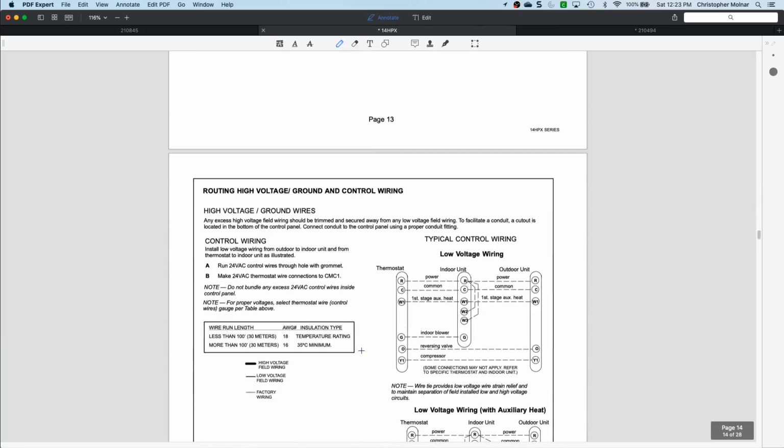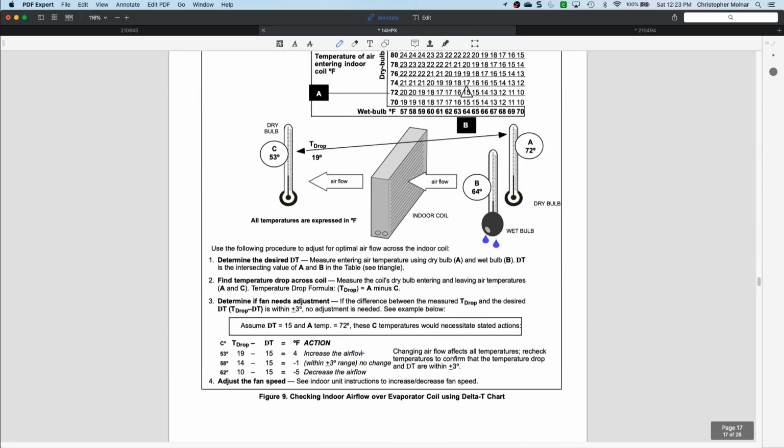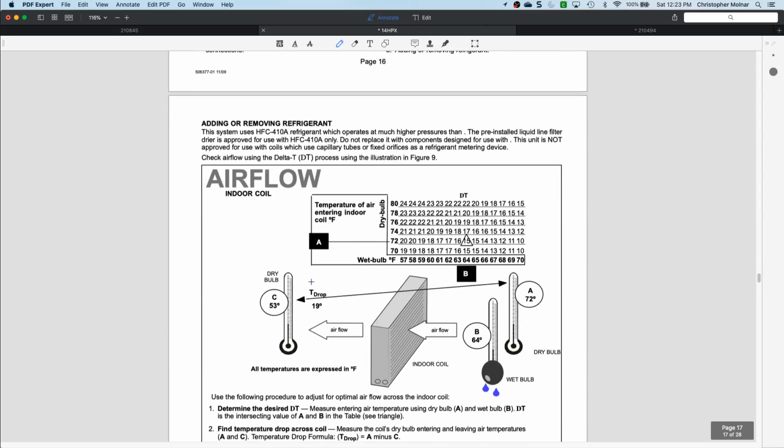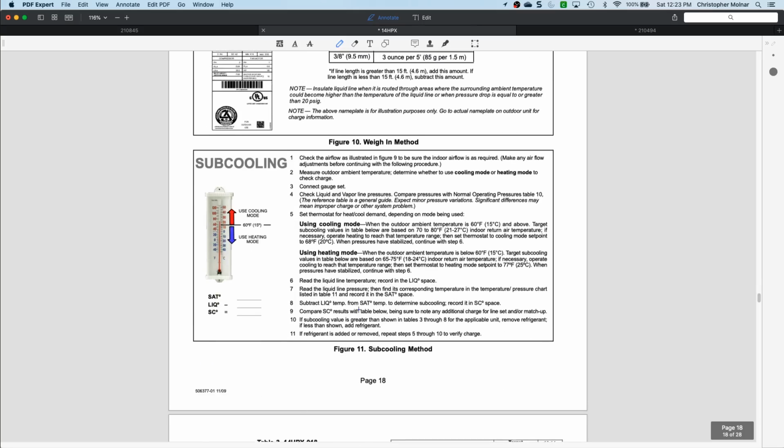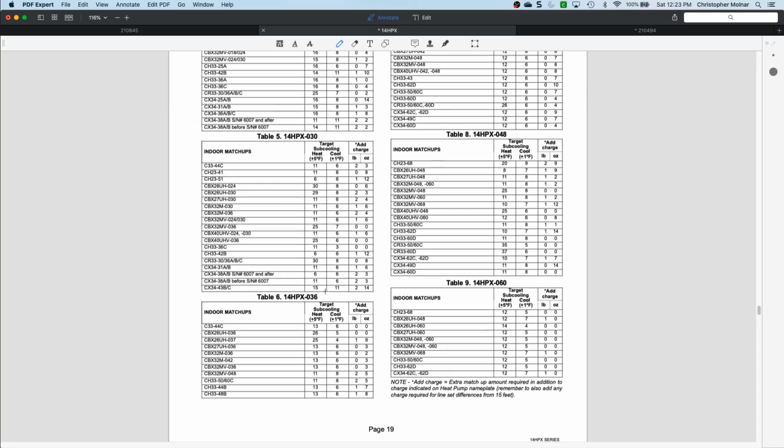I'm going to scroll down here real quick because it does go past the wiring and everything else like that, and gives you the airflow again. It also gives you the target subcooling and everything for the different units. Remember I was using the 036 as my indoor unit, so again we find the outdoor, and I had my 5-degree subcooling.